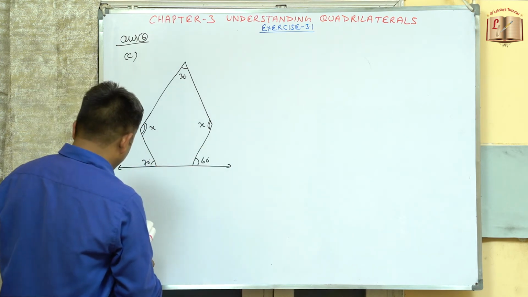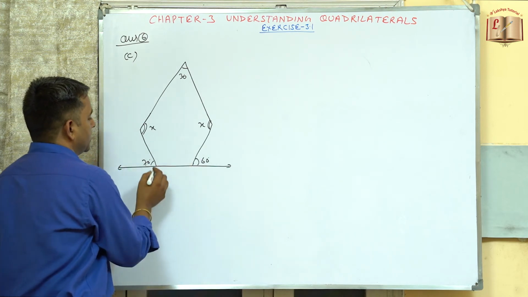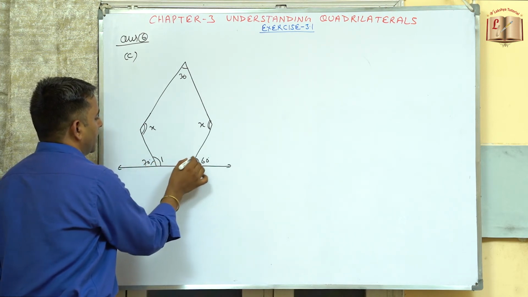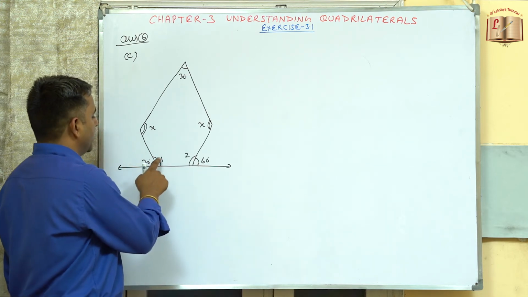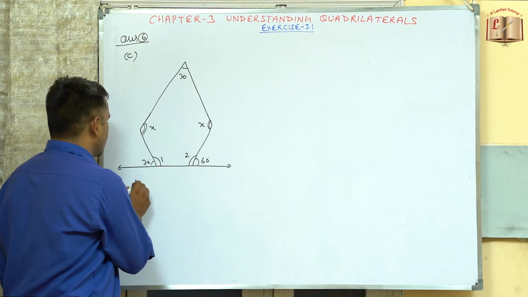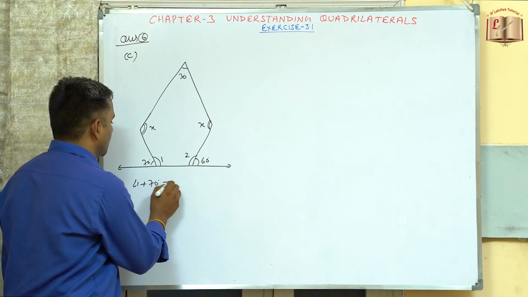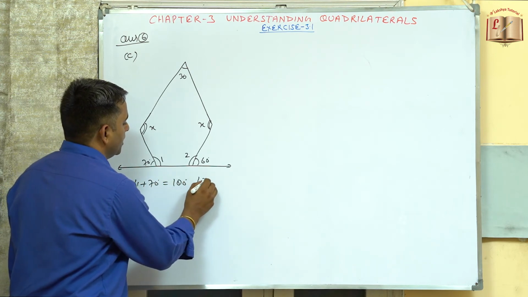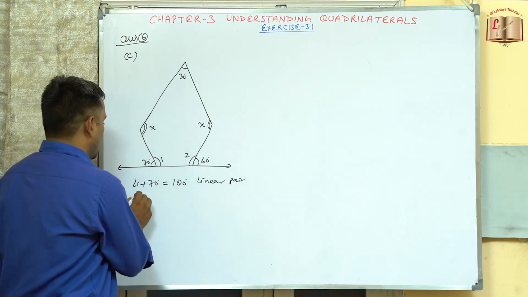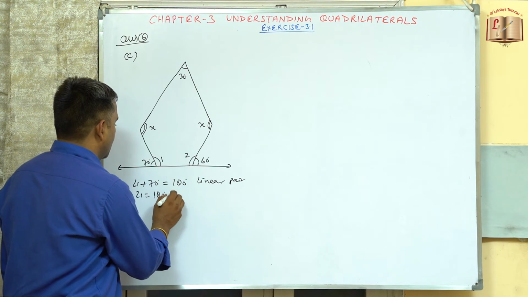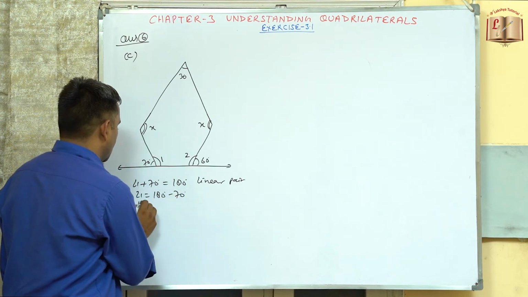So we need to find the angle x. So here it will be angle 1, and here it will be angle 2. So first of all we find angle 1, because this is a linear pair. So angle 1 plus 70 degrees equals 180 degrees. This is a linear pair. So angle 1 equals 180 degrees minus 70 degrees. So angle 1 equals 110 degrees.